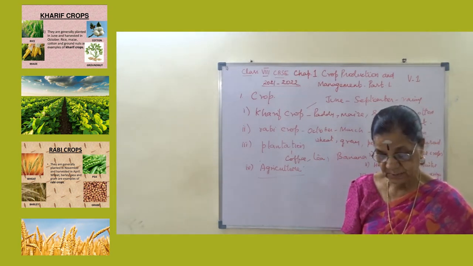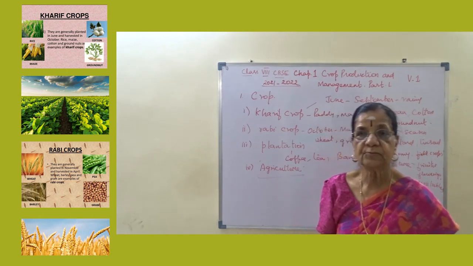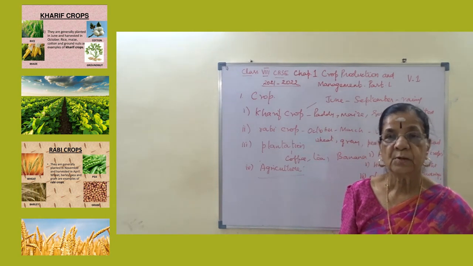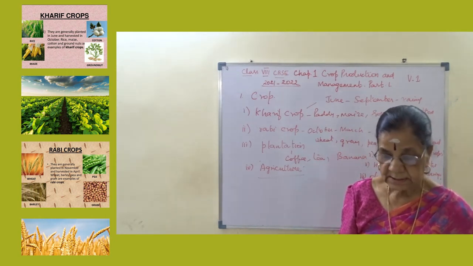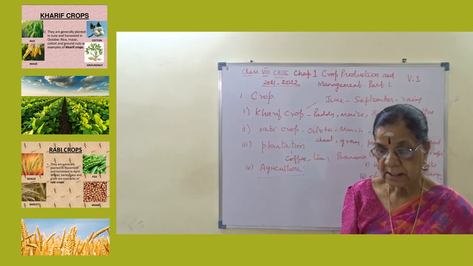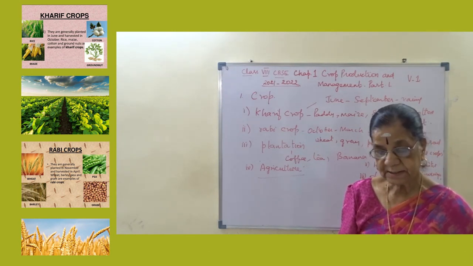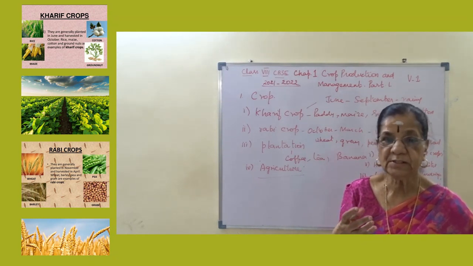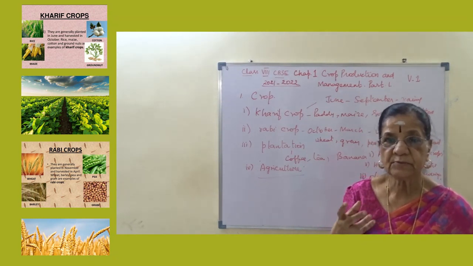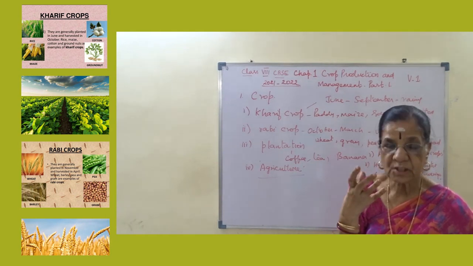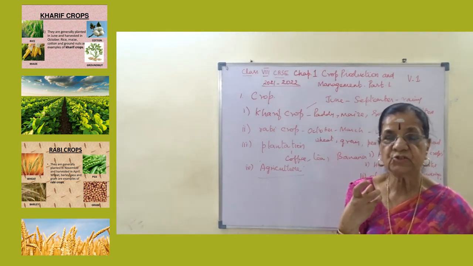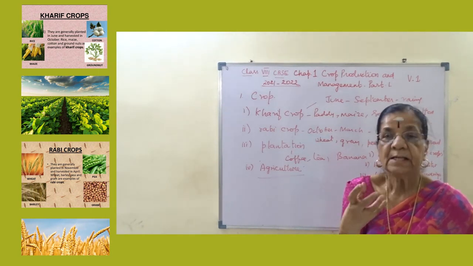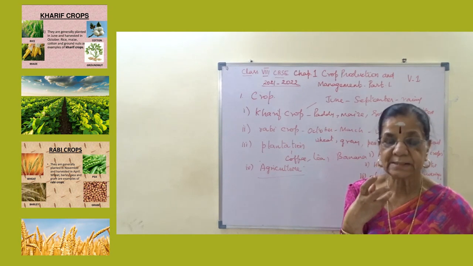Certain parts of some plants, such as leaves, stem, flower, fruits and seeds, are used to enhance the palatability of food. Palatability means softness. The food that we are taking will have some softness so that you can chew and enjoy the eating. That is palatability.